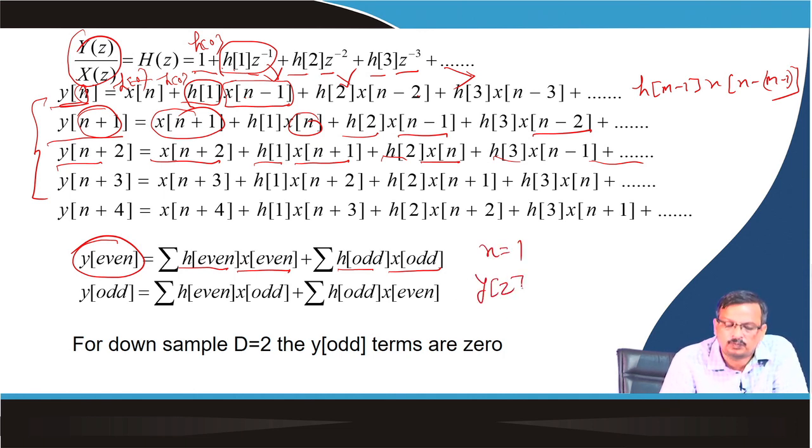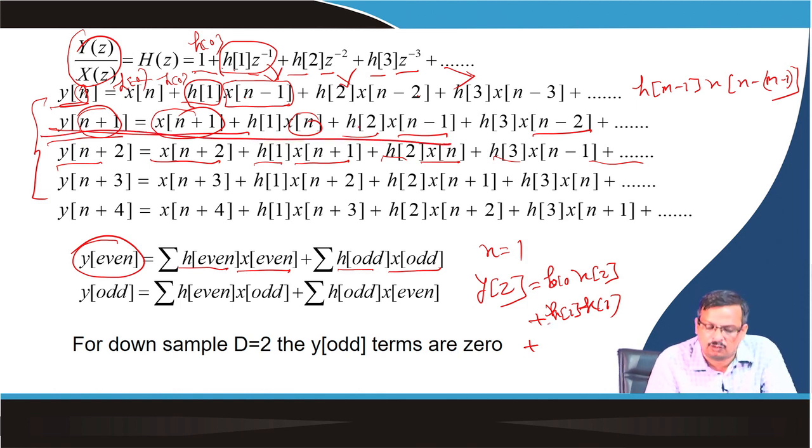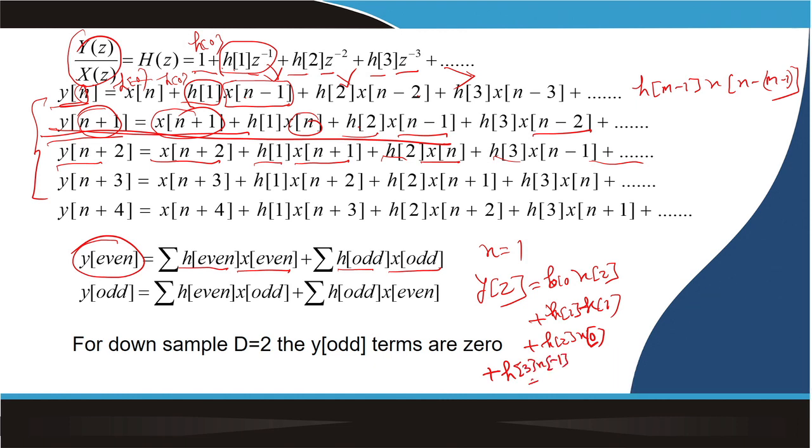So y2 is h0, with h0 equal to 1, times x2, plus h1 into x1, plus h2 into x of 0, plus h3 into x of minus 1, plus h4 into x of minus 2.